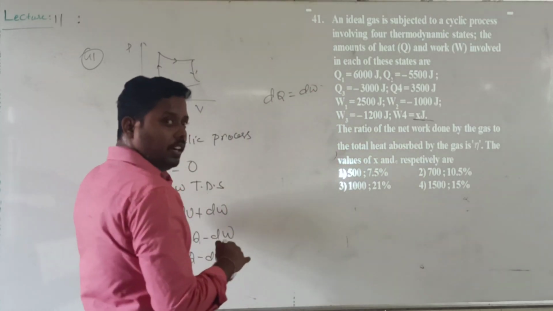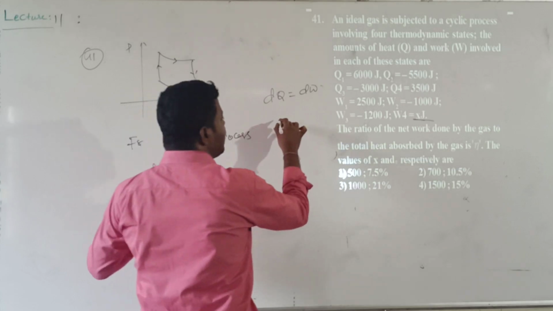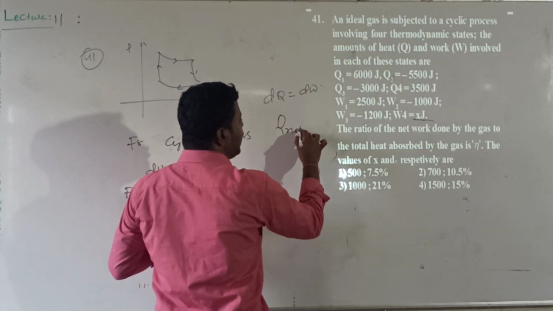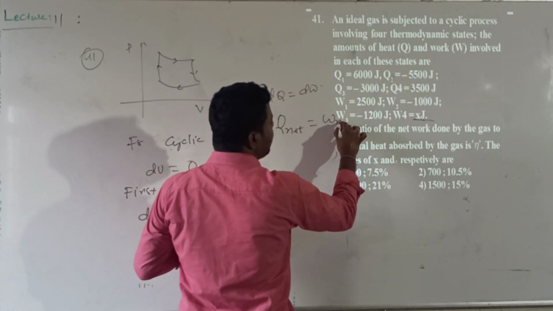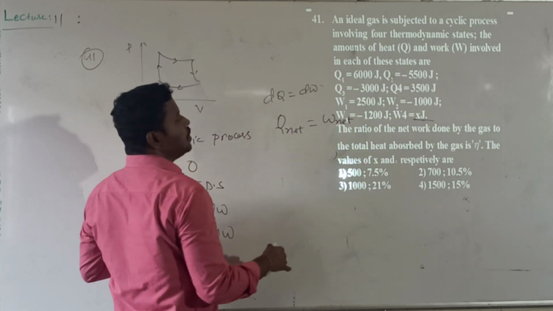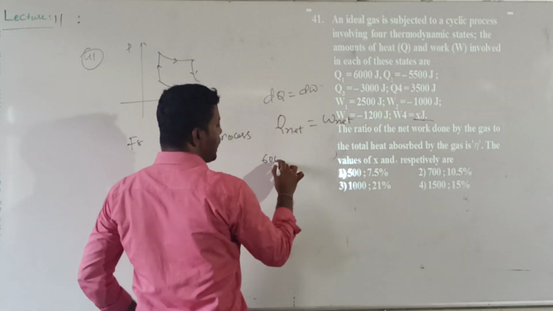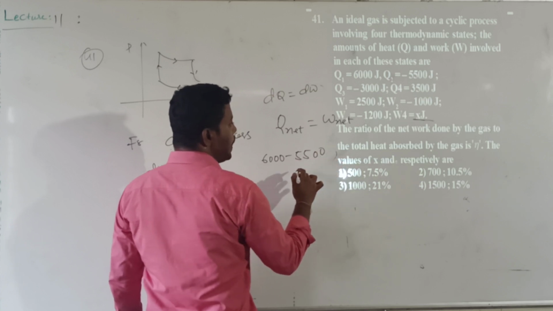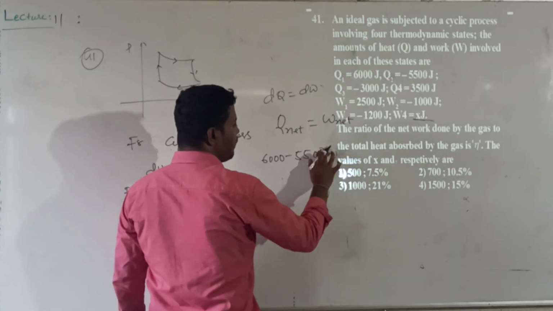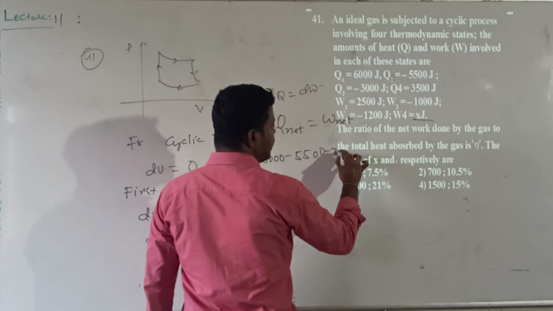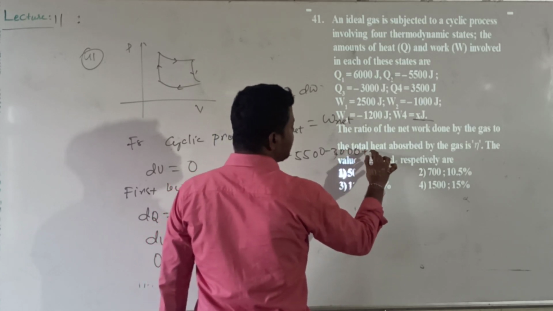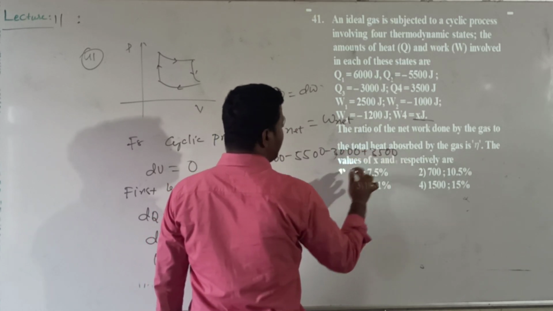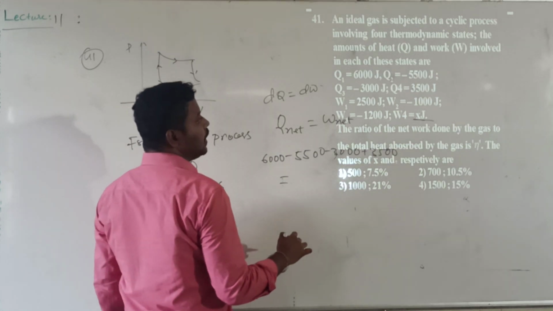Understood? Otherwise, I can write Q net, the total heat, is equal to W net. Now the total heat value: 6000 minus 5500 minus 3000 minus 3000 plus 3500 will be equal to the total work done.